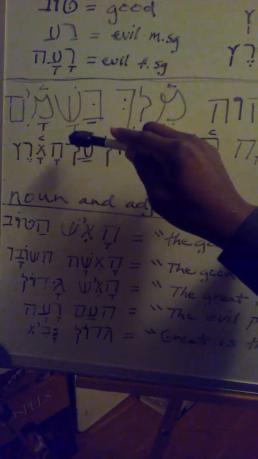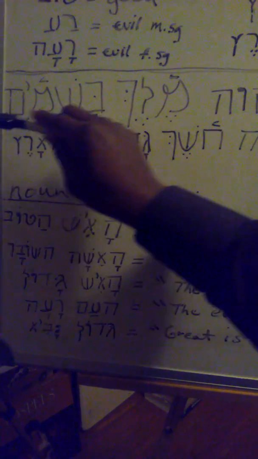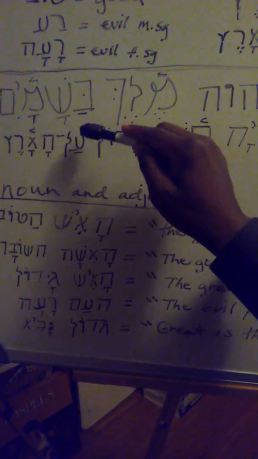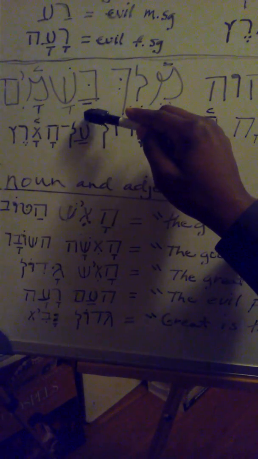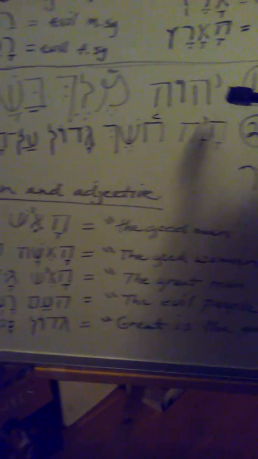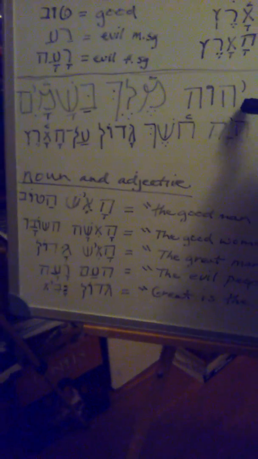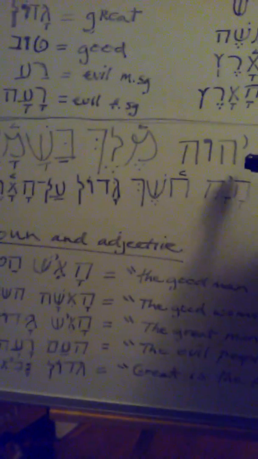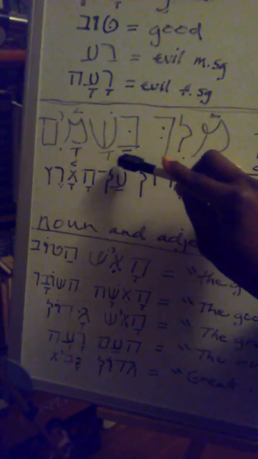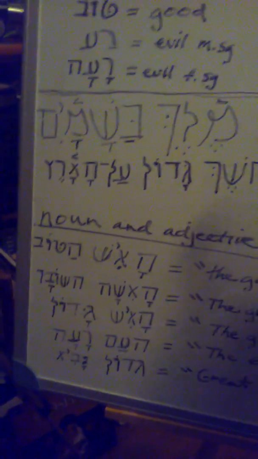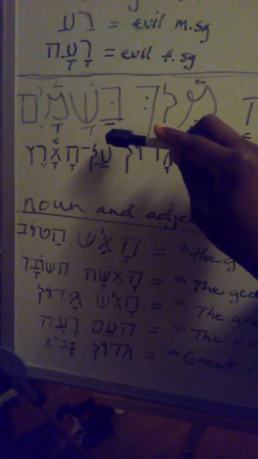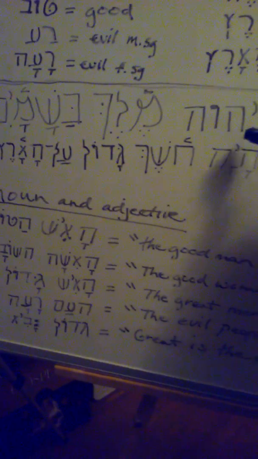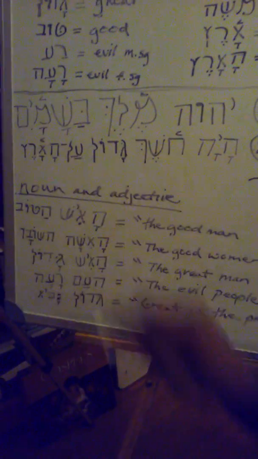Ba-Shamayim. Shamayim is heavens. Then you have the inseparable preposition ba, which is in. So we have God or Yahweh, in this case Lord, but here God, King in the heavens. Yahweh, Melek, Ba-Shamayim. Yahweh, King in the heavens.